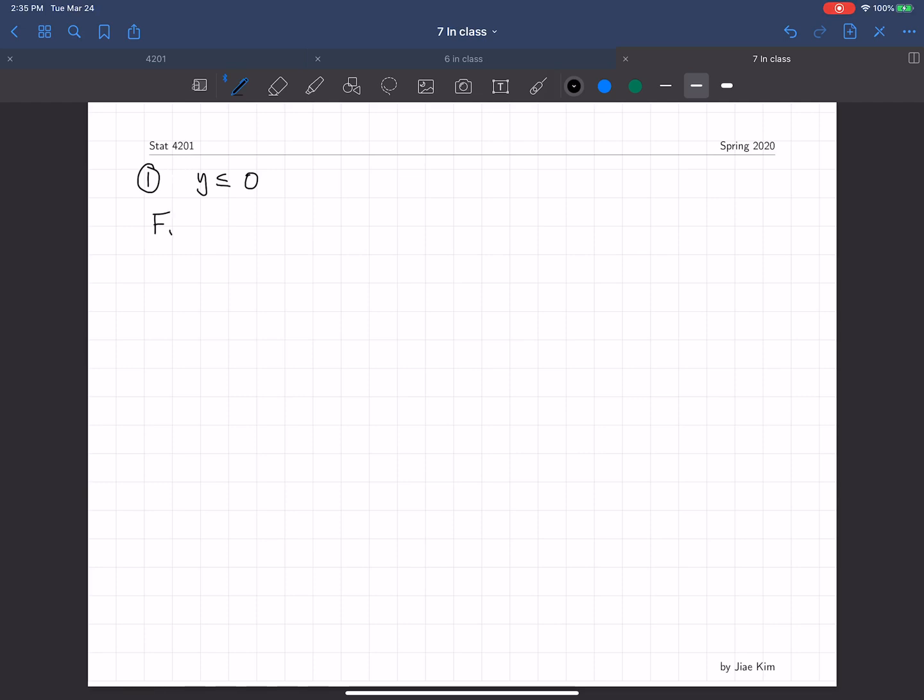Then the CDF for this specific negative y value is the probability of Y less than small y, where Y is X squared. We know X takes values between 0 and 1, and this y is negative, so there is no positive probability, so this is going to be 0.